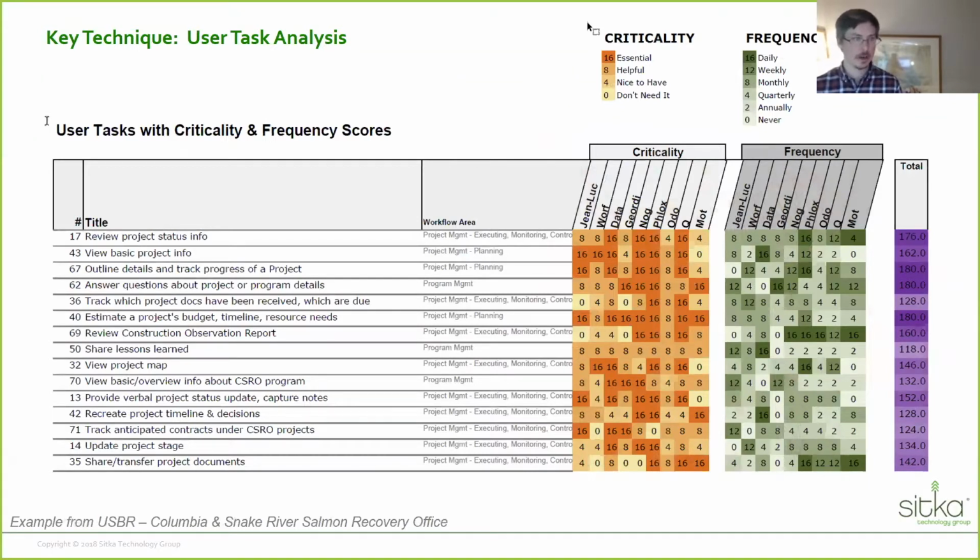So you can see here, this is a subset of the tasks that were part of the card sort for Bureau of Reclamation. And for each person here, they gave each task a criticality score and a frequency through the card sort. And it allowed us to total up an overall score for each task. This is pretty cool just to get an understanding of how people view their work and what's important to them. You can also connect it to workflow areas or workflows that you defined earlier to connect it to a broader picture of how the organization works together. But what's really cool is the next slide.